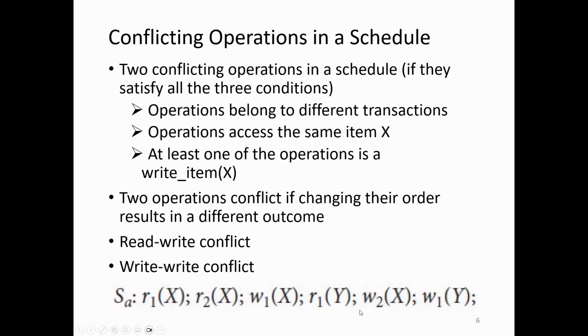But R1X and R2X are not conflicting. Even though these two come from two different transactions and the same item is accessed, the third condition is not satisfied, since at least one should be write. Therefore these two are not conflicting.